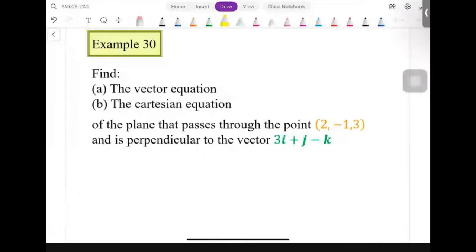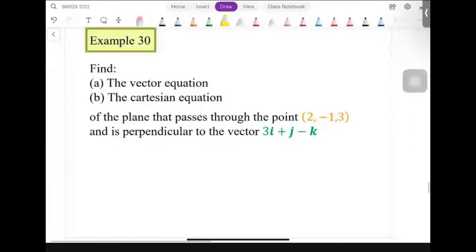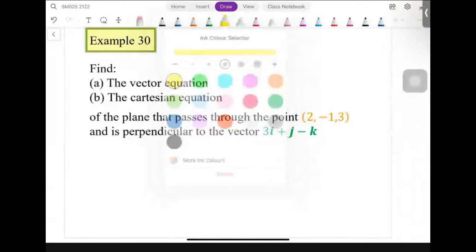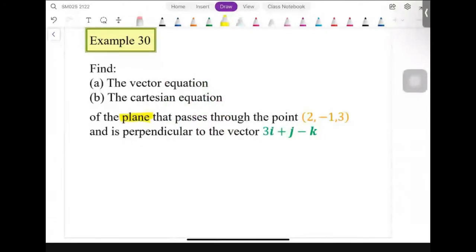Kita terus pergi kepada example. So we have to find equation of the plane. Itu benda pertama awak kena nampak lah. Okay, soalan minta equation of plane. Passes through the point of 2, negative 1, 3. Automatic there is point on the plane. So you know this is vector A, our position vector. And is perpendicular to another vector.